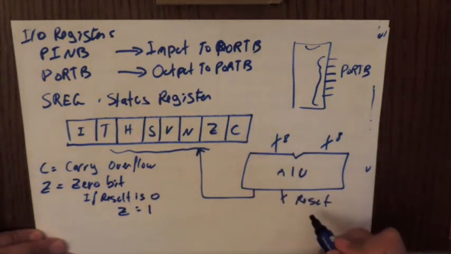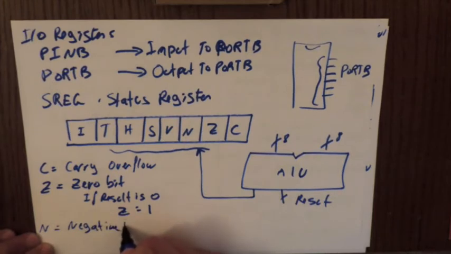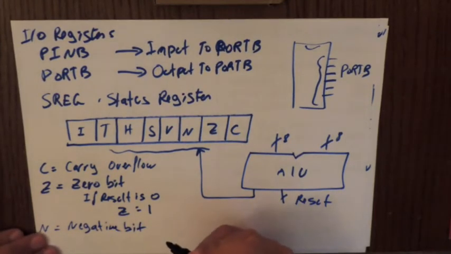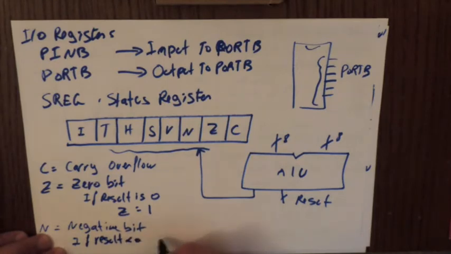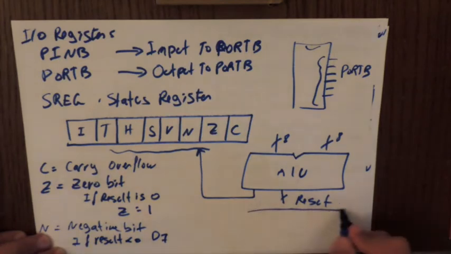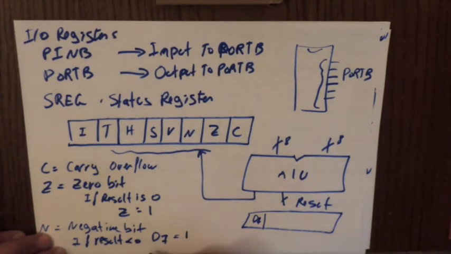So this will be 1 whenever we have a 0. This is very useful. We have the N bit, which is the negative bit. It's actually the most significant bit of the result. So if result is less than 0, D7 will be equal to 1, and this is the N bit in this case.